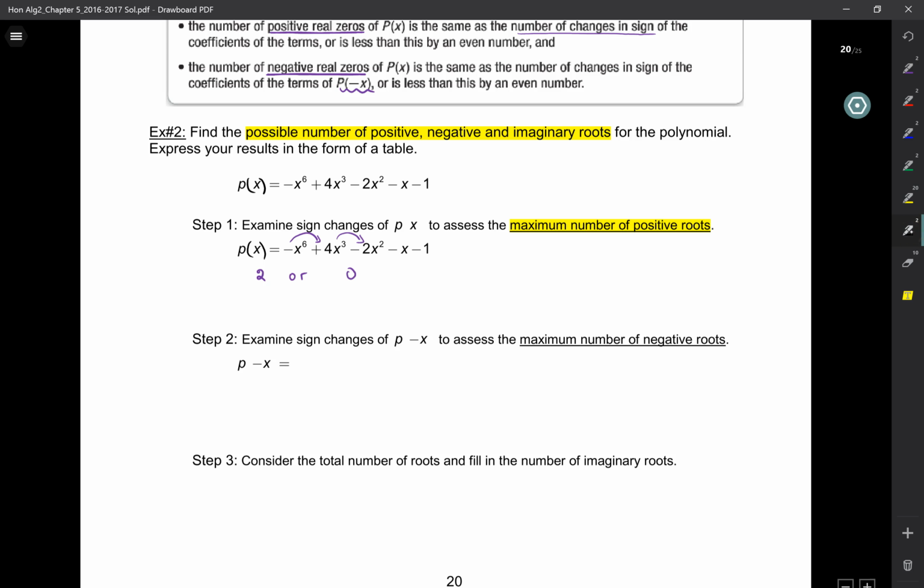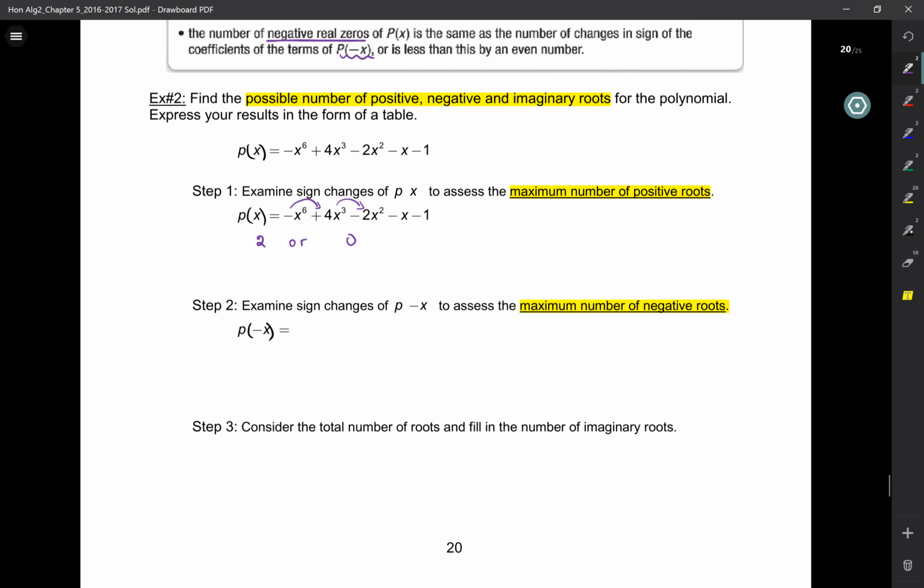The number of negative roots, what we're going to do is we're going to now look at p of negative x. Okay, so for the first time, I'll write it out and then we'll see a pattern. P of negative x means to make all the x's negative. So this is negative x to the 6 plus 4 negative x cubed minus 2 negative x squared minus negative x minus 1.